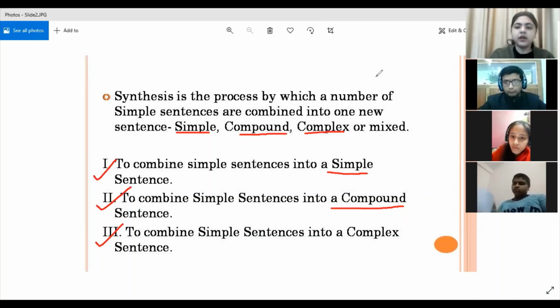When you combine two or more simple sentences, you have different rules for getting a simple sentence, a compound sentence, or a complex sentence as the result. Okay, so let us find out.